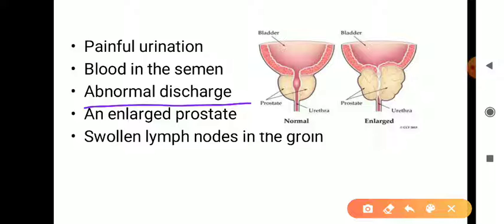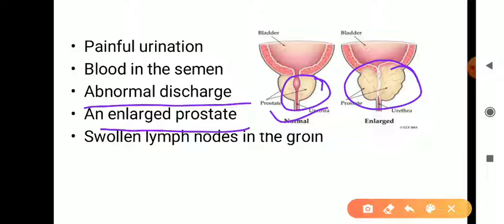And enlarged prostate. As here we can see, this is the normal prostate, and here we can see that enlargement of the prostate gland has taken place. So due to the enlargement of the prostate gland, the patient will be having painful urination.